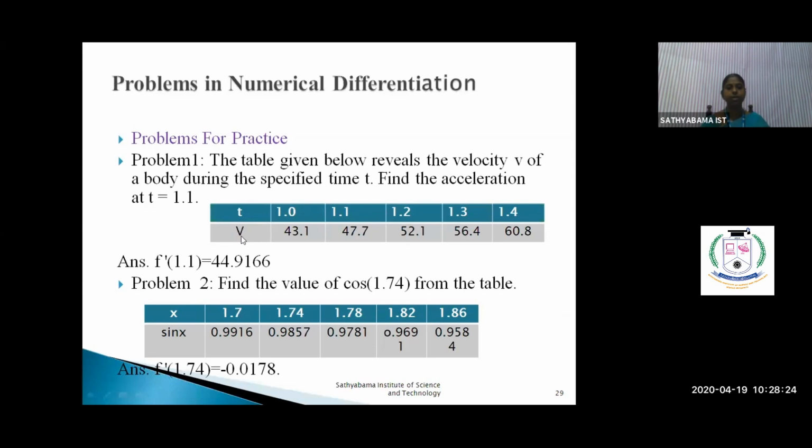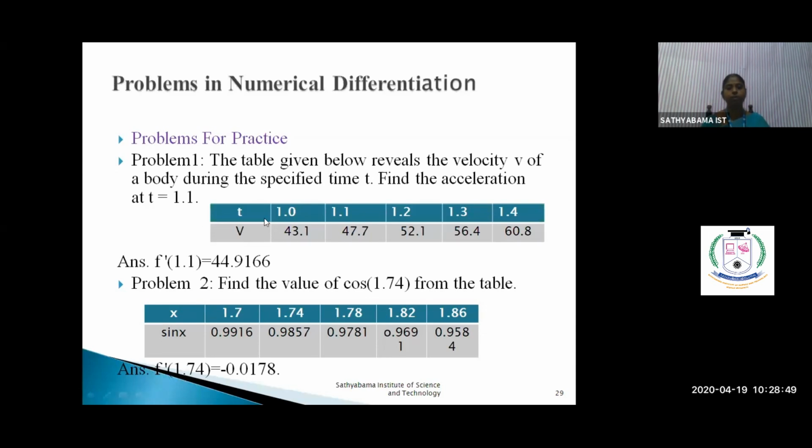So find dv by dt at t equal to 1.1. Where is my 1.1? It is near the beginning. So how can you solve this problem? You use Newton's forward difference formula to find the first order derivative, dv by dt, at t equal to 1.1.